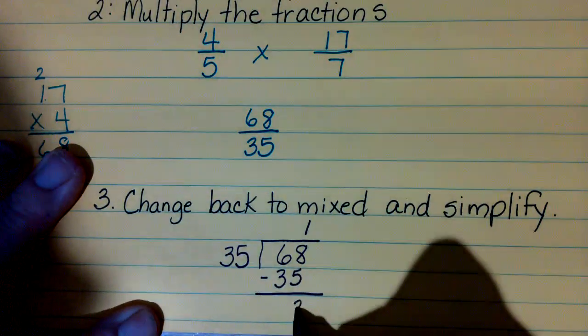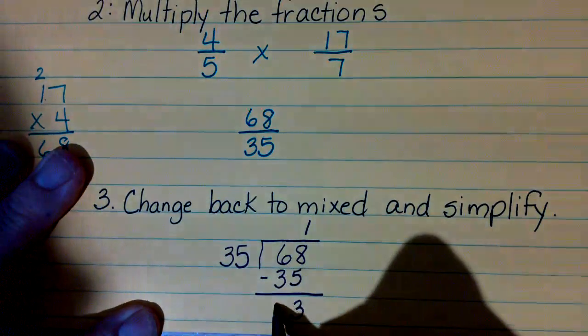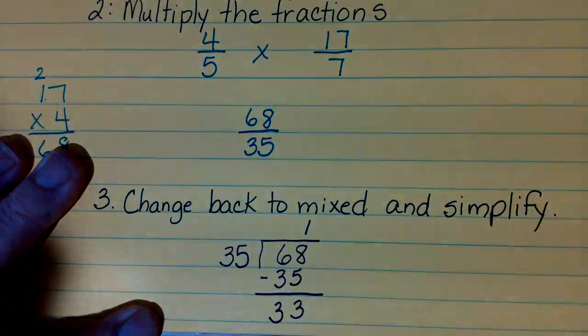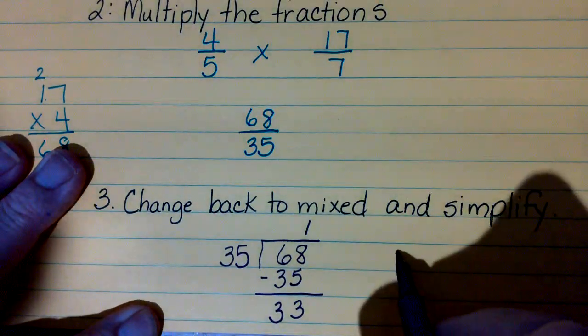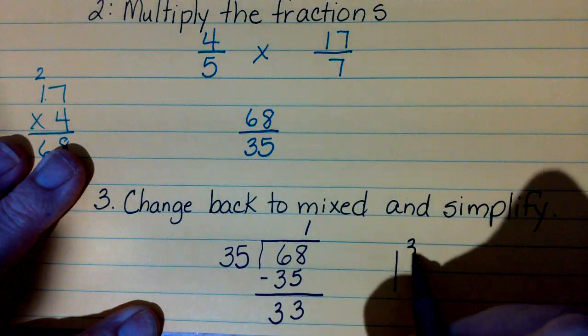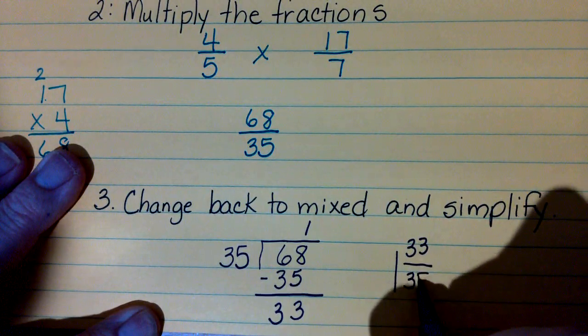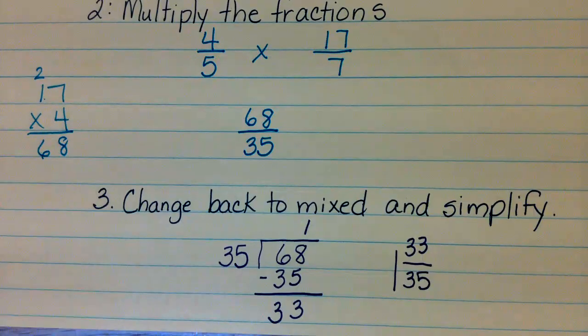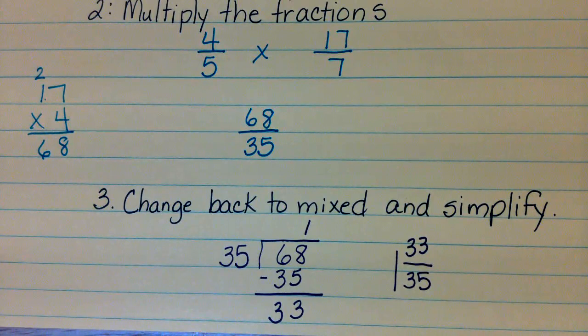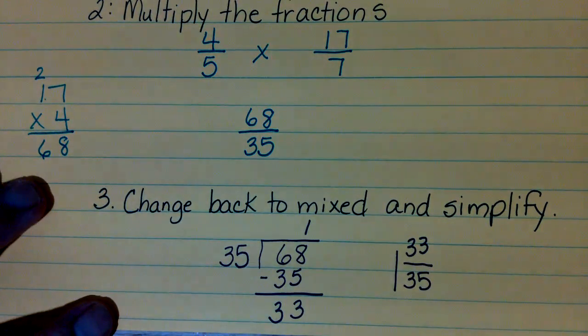8 minus 5 is 3. 6 minus 3 is 3. So I end up with 1 and 33/35ths. I don't think that I can divide this down any further because I don't think that there's going to be a common factor between 33 and 35.